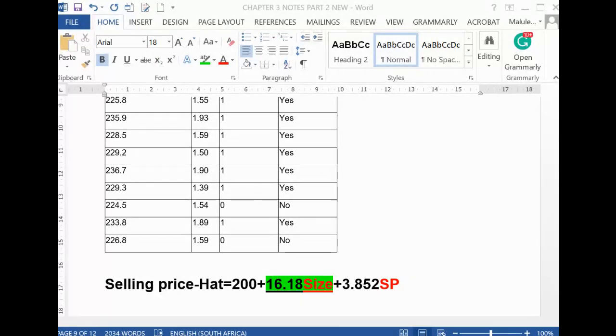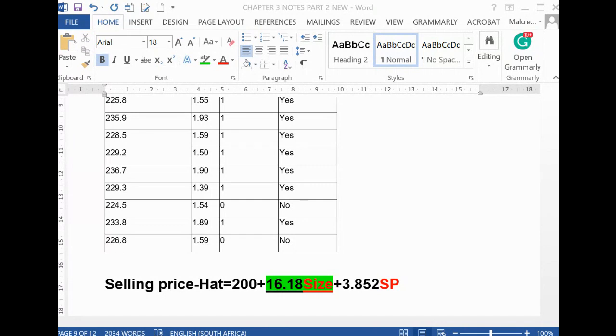Or you can simply say compared to a house without a swimming pool, isn't it? It means for a house without a swimming pool, we won't add that amount. So if you want to buy a house without a swimming pool, what will you put where there is SP?